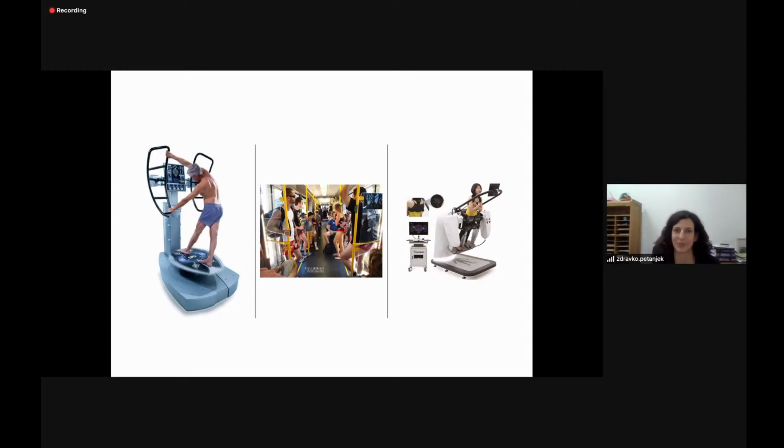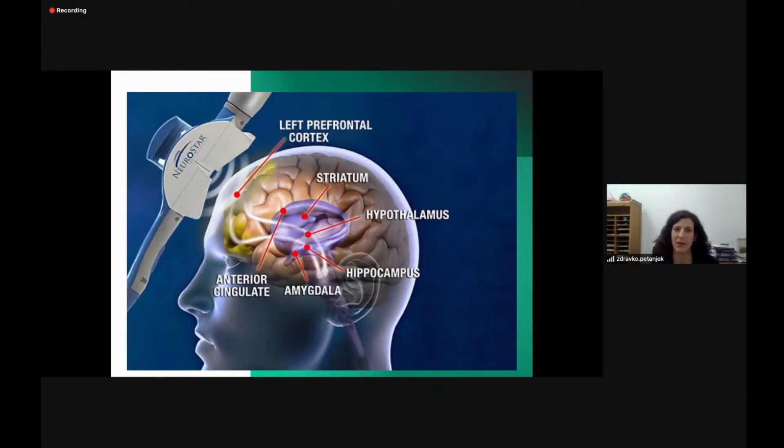There is a saying that just riding in a tram can really strengthen your back muscles, because you have to balance all the time when you're standing in the tram, and that can also be therapeutic exercise for lower back pain. There are also some relatively new ways to treat headache and to treat the brain itself, and they are also being used in lower back pain with quite good results.